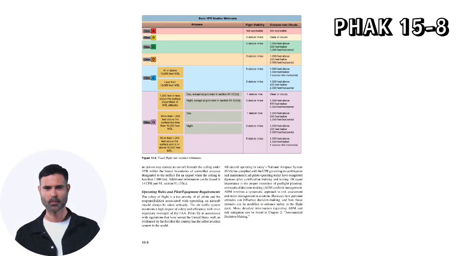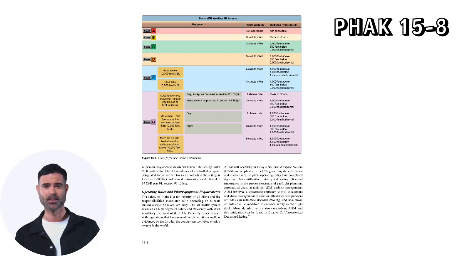No person may operate an aircraft beneath the ceiling under VFR within the lateral boundaries of controlled airspace designated to the surface for an airport when the ceiling is less than 1,000 feet. Additional information can be found in 14 CFR Part 91, Section 91.155C.